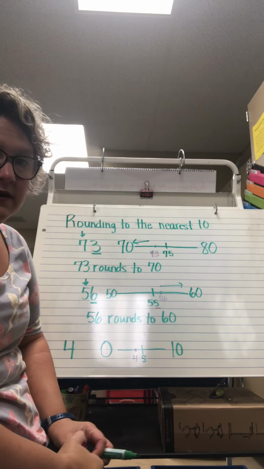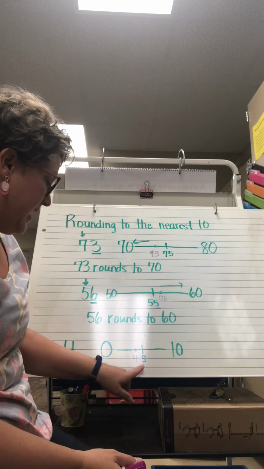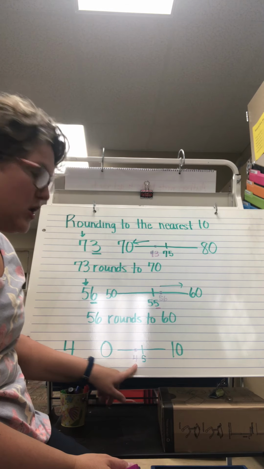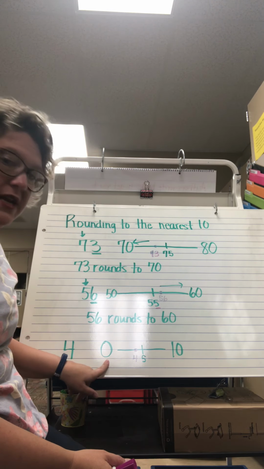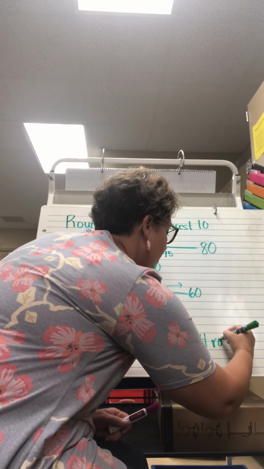Remember, 5 is the number that decides if it's strong enough or not. 4 is less than 5, so when I'm rounding 4 to the nearest 10, it actually rounds all the way down to 0. So 4 rounds to 0.